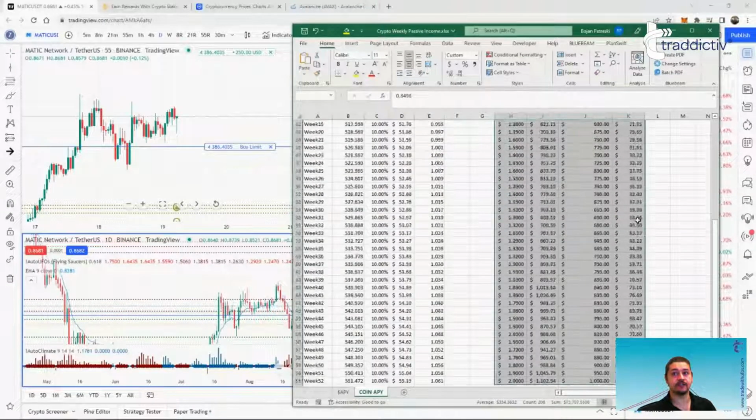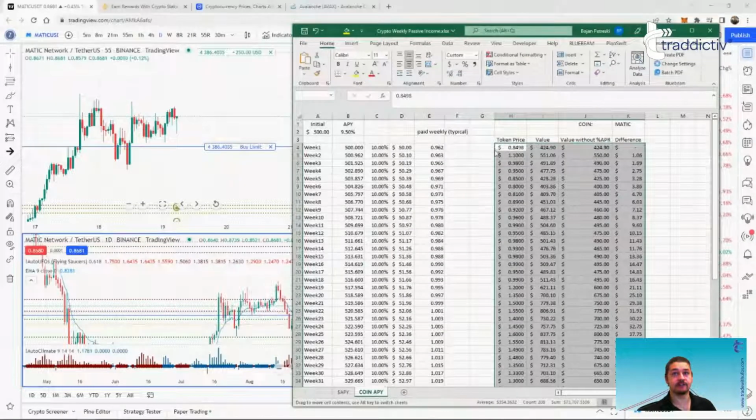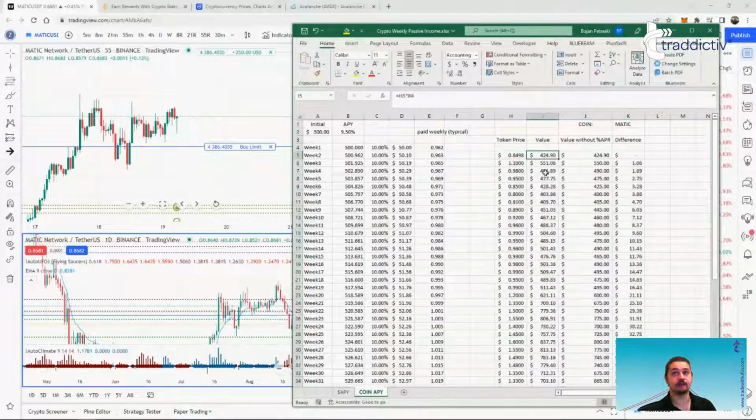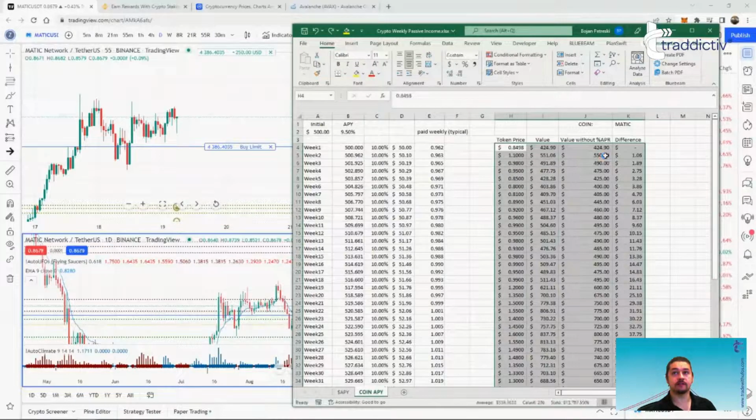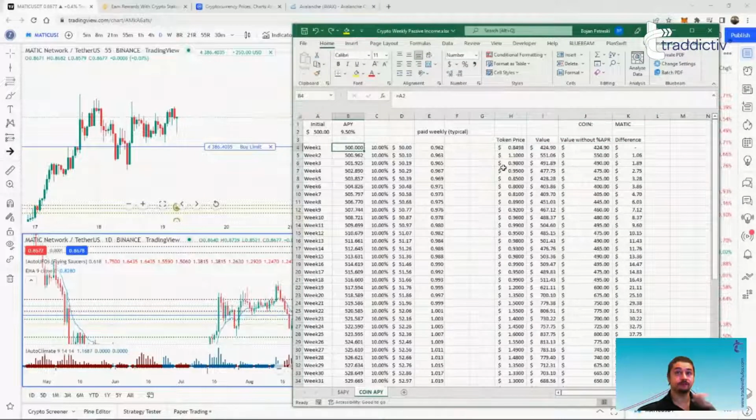We just need to slide this down by one cell because it actually starts calculating as of the following week. I ran this once before and then a couple times. All this math is right.